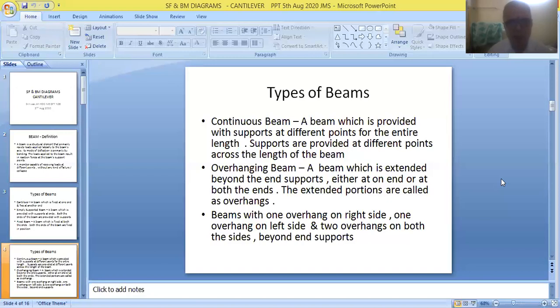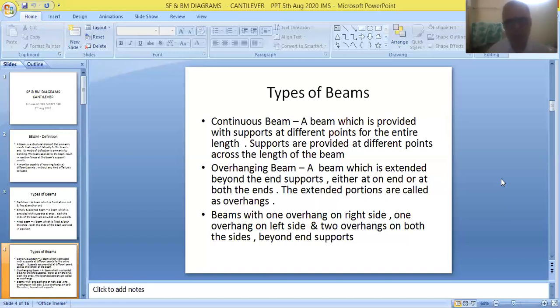Beams having overhanging portion on right side and beams with overhang on left side. And finally, we have beams with overhangs on both the sides. So friends, overhanging beams are classified, depending upon the arrangement, into three different categories.